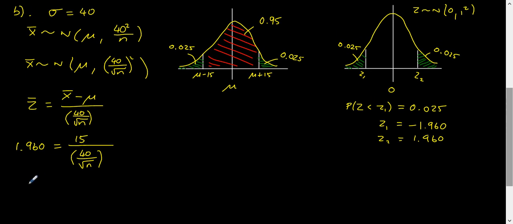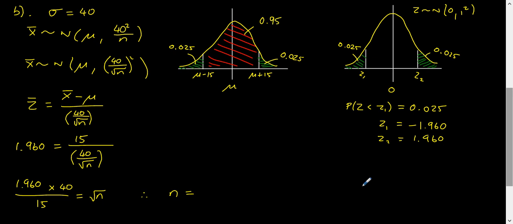So, the best way to work this out, we've got 1.960 multiplied by 40 divided by 15 is the square root of n, just rearranging this equation. And so therefore n, we'll just do this all in one, we'll type that into our calculators and we'll square it.